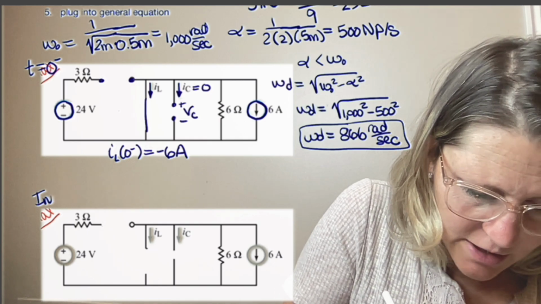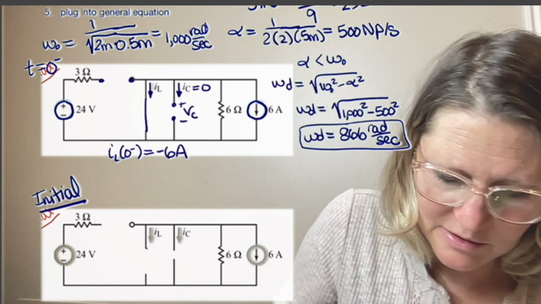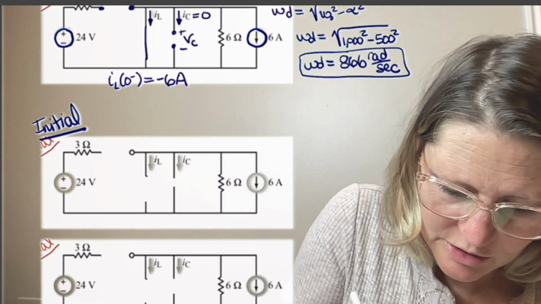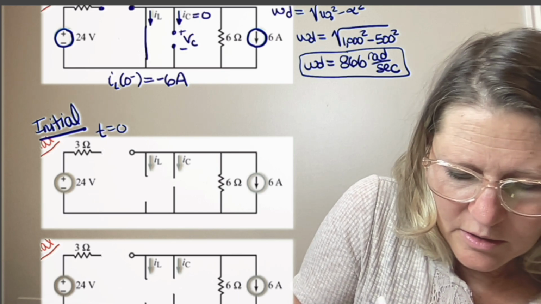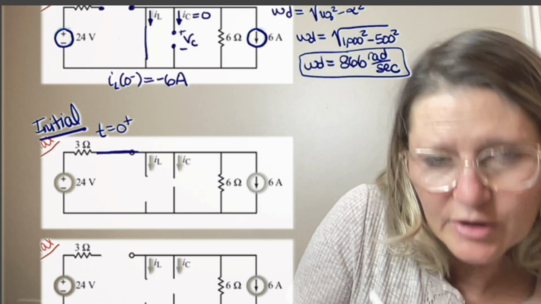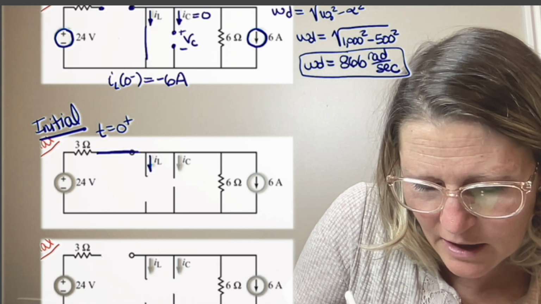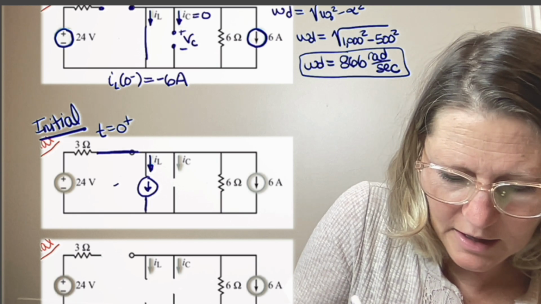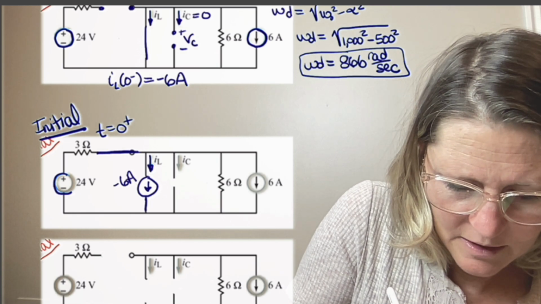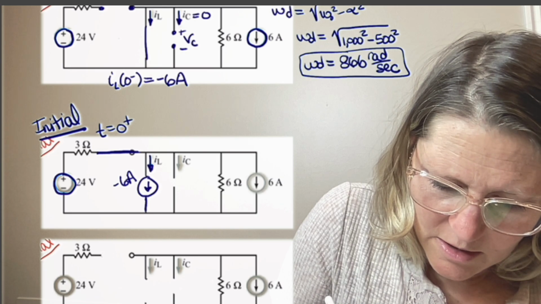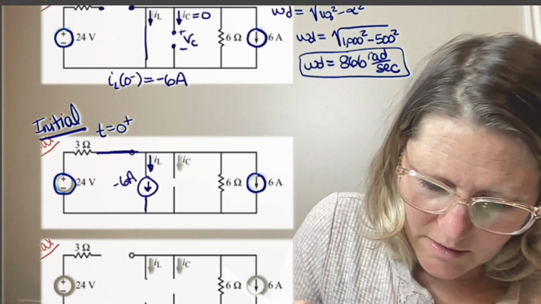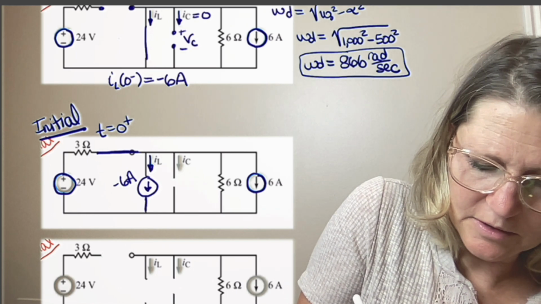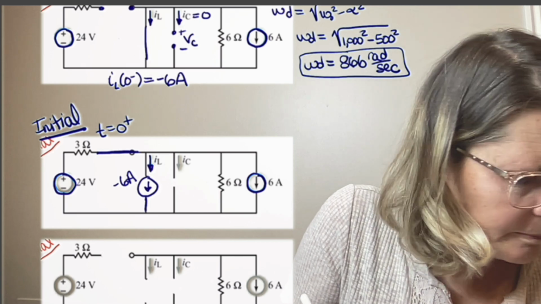And then the initial value is actually found right as the switch changes. And so right when the switch changes, we're going to have the switch closed, and then IL is still going to be a negative 6 amps. And we want to find the voltage across the 6 ohms.